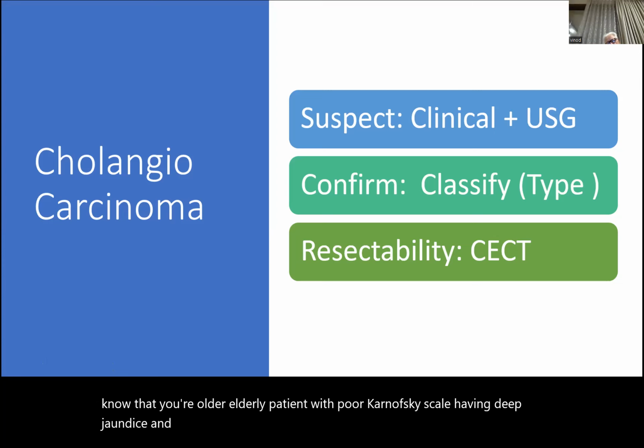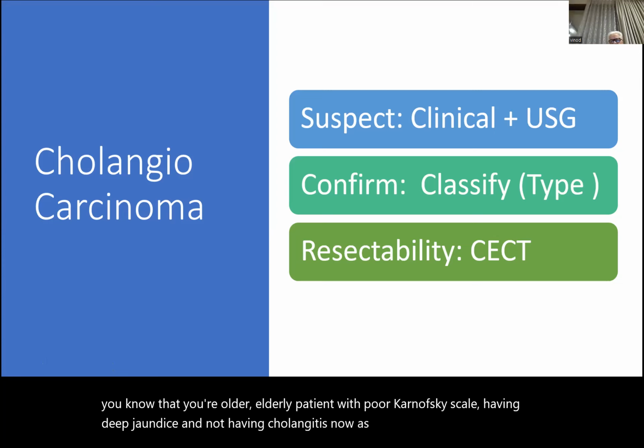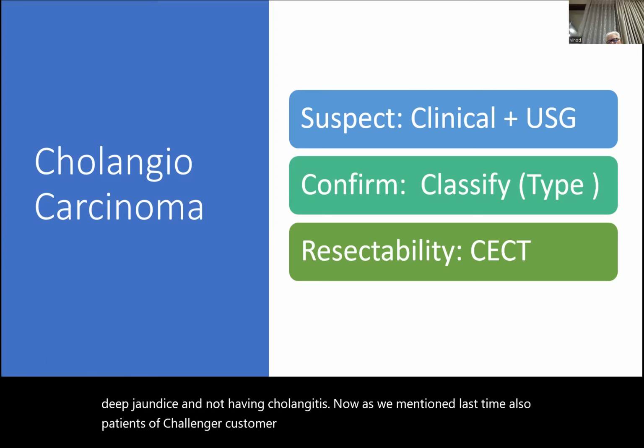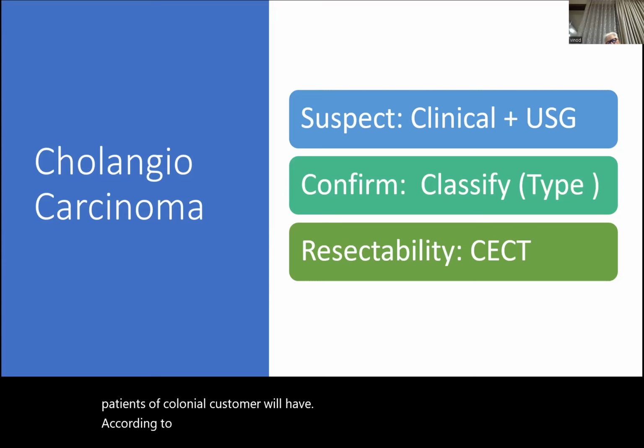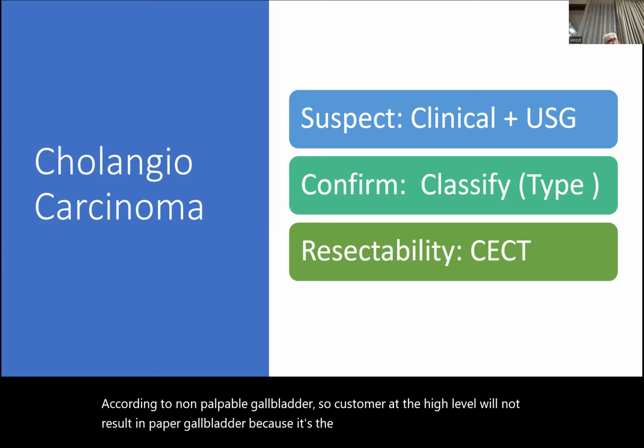So this would be another thing, an elderly patient with poor Karnofsky scale, having deep jaundice and not having cholangitis. Now, as we mentioned last time also, patients of cholangiocarcinoma will have, according to Courvoisier, a non-palpable gallbladder. So cholangiocarcinoma at the hilum will not result in a palpable gallbladder because the obstruction is occurring at the supracystic bile duct.